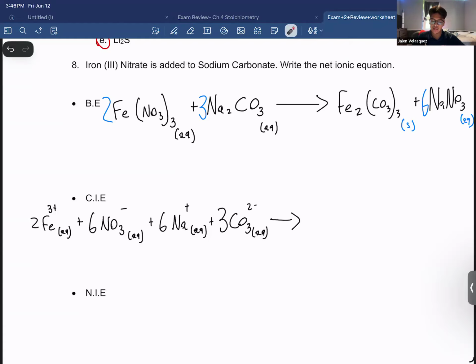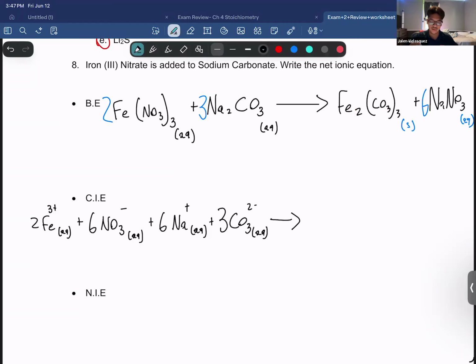Now we move to the product side, right? And remember, when writing the complete ionic equation, we are only ionizing the aqueous species. So the iron carbonate is solid, right? So we cannot ionize that. We're just going to write it exactly as it is. You're going to keep it together. Then we move on to the sodium nitrate, which is soluble, right?